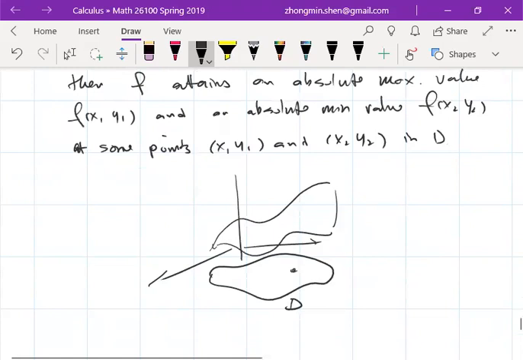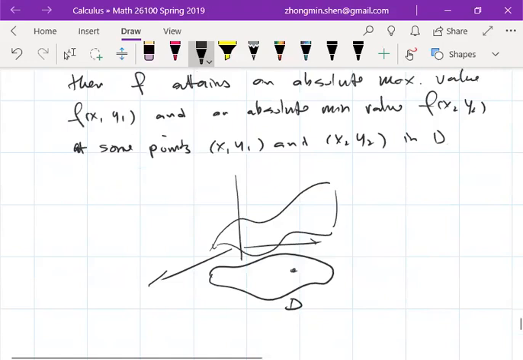In the function in one variable, how do you find the absolute maximum value? You find the critical numbers inside the interval. Then you look at the value of the function at the critical values and at the endpoints, that's only 2 endpoints. Then you compare them and choose the largest one, that's the absolute maximum value.